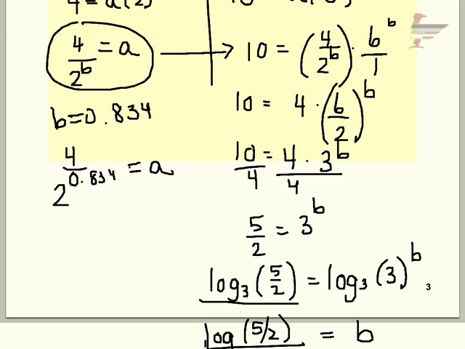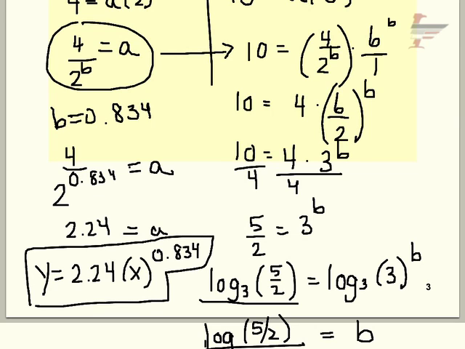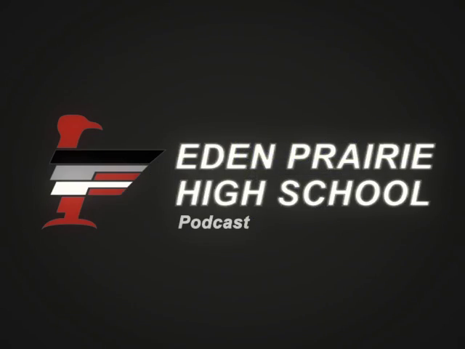And when you dump that in your calculator, a ends up being about 2.24. And so my final equation is a power model, so I want to write y equals a, which is 2.24, times x raised to the b, which is 0.834. And there is my power model.